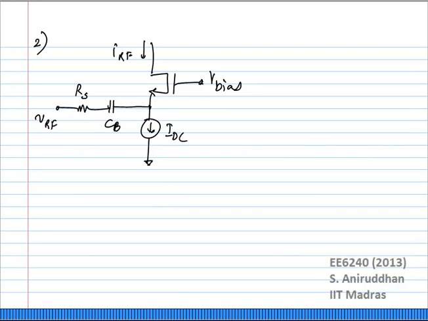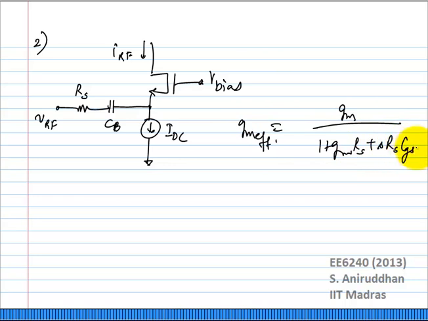So let us say I take the common gate transconductor and I apply it through a resistor to the source of the common gate. What is the effective GM? It's GM by 1 plus GM RS plus s RS CGS.